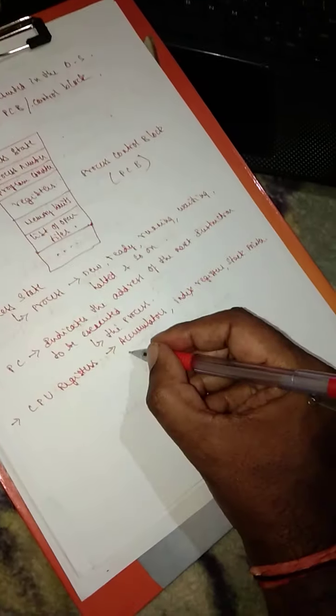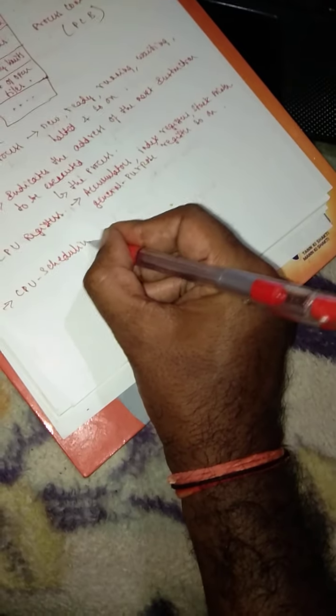The next thing is CPU scheduling information. Here it includes the process priority.